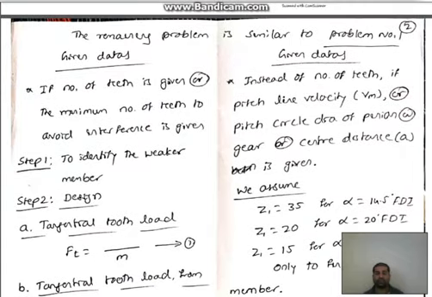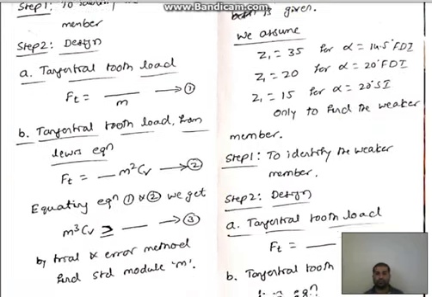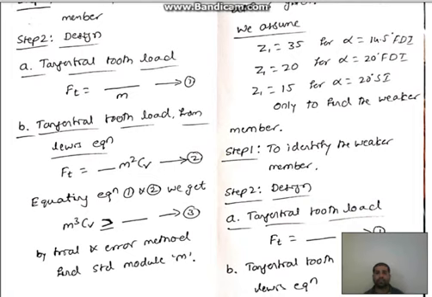If instead of number of teeth, pitch line velocity Vm or pitch circle diameter of pinion and gear or center distance is given, first we assume the number of teeth on the pinion. This assumption is based on the minimum number.